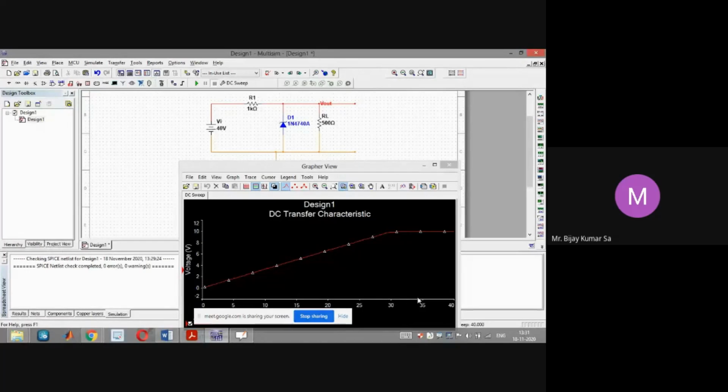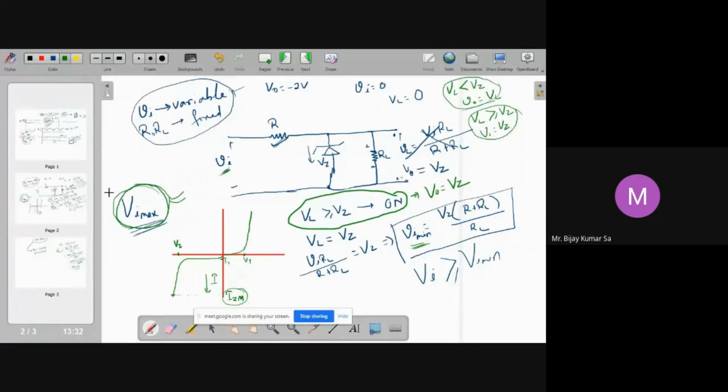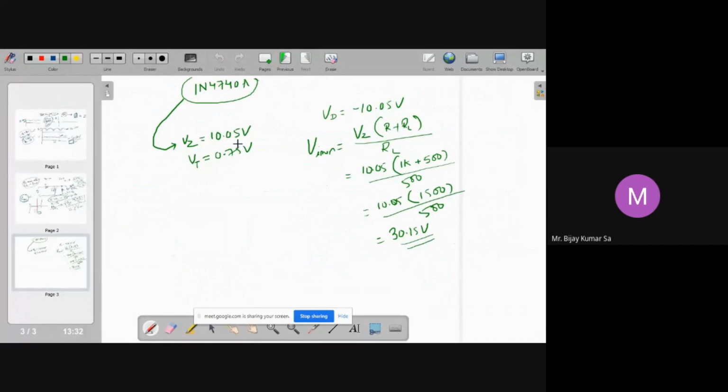So beyond this critical point, that is beyond that value of Vi minimum equals 30.15, you will see that V output becomes equal to the Vz, and Vz we have noted it down, that Vz is 10.05.